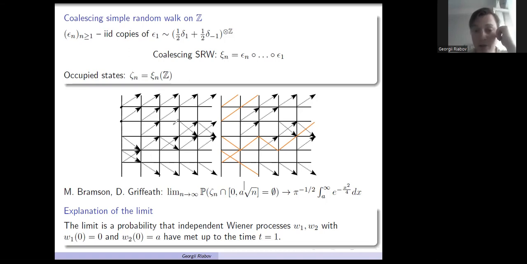And when we have defined all these arrows, we start moving along them. If we look at one motion, we get a simple random walk. However, from our construction, if we take two simple random walks, they will coalesce at the meeting time.